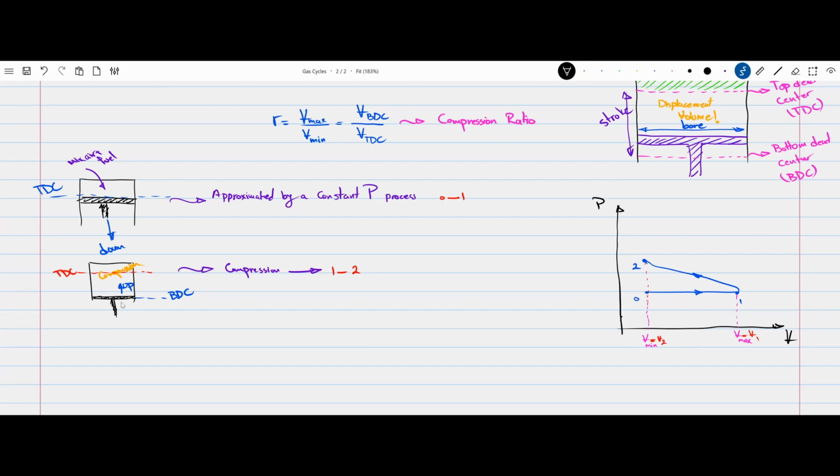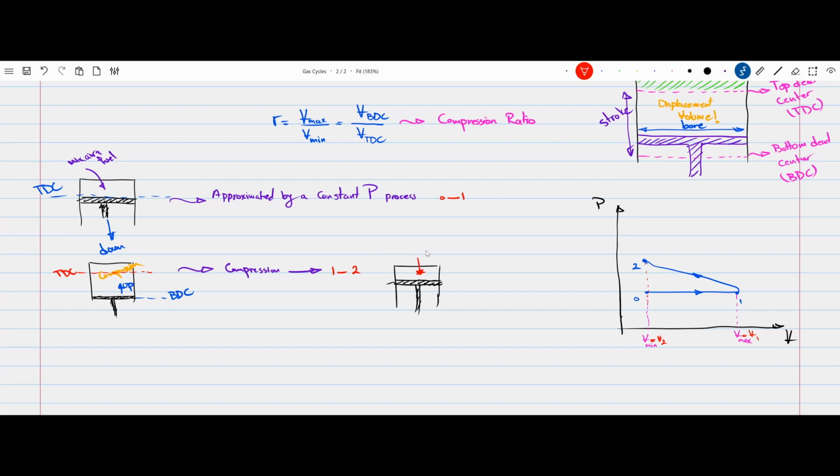The moment the piston reaches the top dead center, something very interesting happens. The moment that the gas is compressed to its fullest, the spark ignites the mixture.